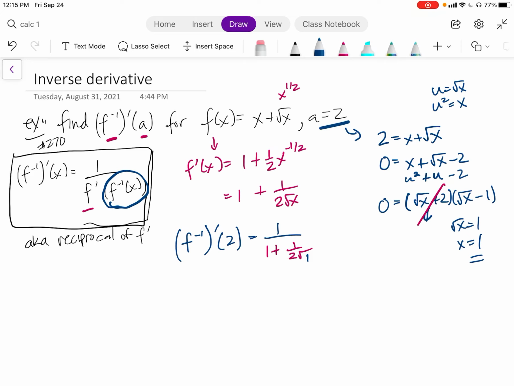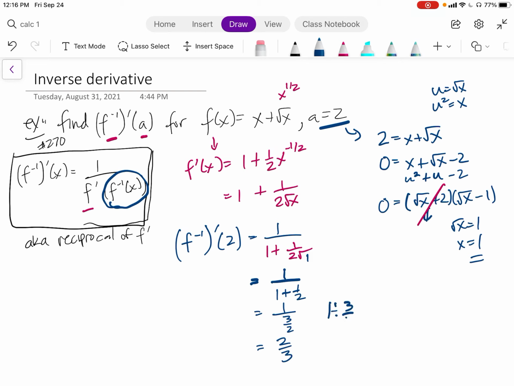So the inverse value is actually 1, and again, we got that by substituting a in for y and solving that way. So we get 1 over 1 plus 1/2, so 1 over 3/2. When we divide by a fraction, we multiply by the reciprocal. So 2/3 times 1 is just 2/3.